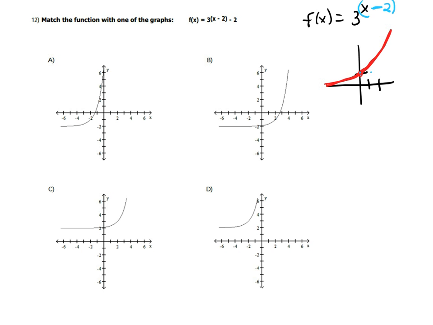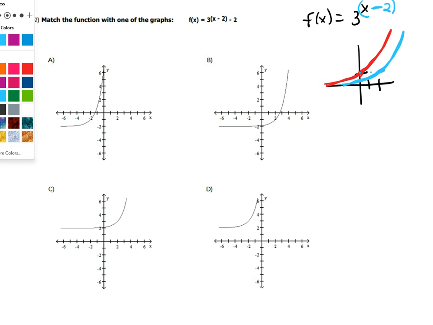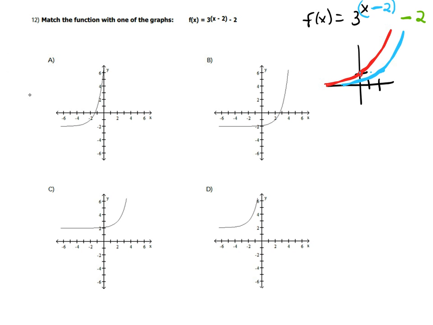So I'm going to go 1, 2 to the right. So now this is shifted like this. And then they put a minus 2 on it, which means the whole thing is now going to drop down. So this was my point. It's going to go down 1, 2 to here, and now it runs like that.